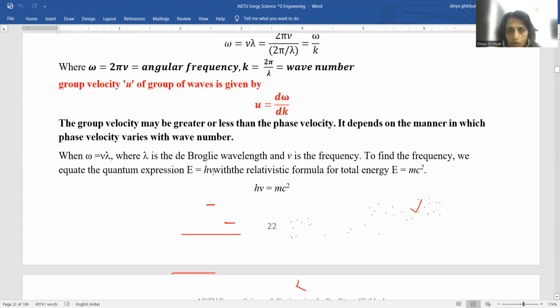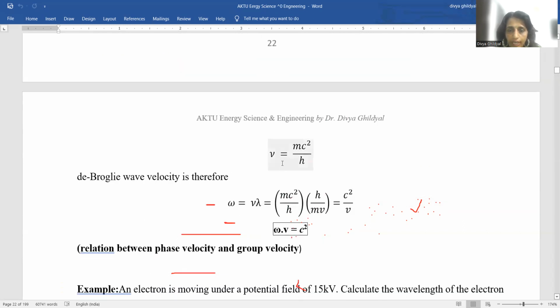And also in terms of frequency and wave number, I can use Einstein's expression E equal to h mu, and I can equate E equal to h mu to E equal to mc square. Both are different forms of energy, and I get mu equal to mc square by h.